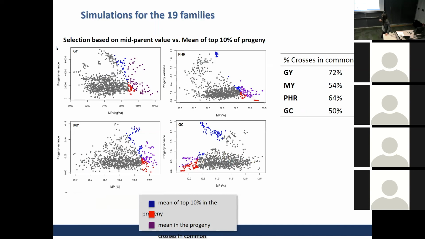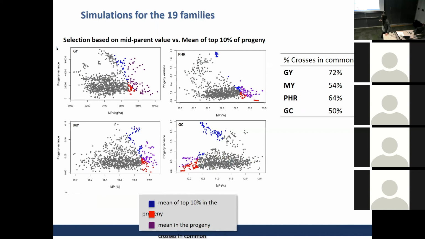Here we can see the mean of each progeny versus the progeny variance. From these progenies, we tried to select the top 100 that had the highest mean, which are the red dots here.